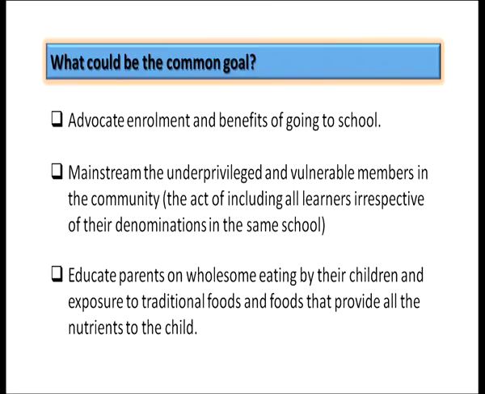So, when I look at this, it is basically the act of including all learners irrespective of their denominations in the same school. The third one is educate parents on wholesome eating, because we know that wholesome eating is nutritious for the child. So we have traditional foods and foods which are rich in different nutrients.